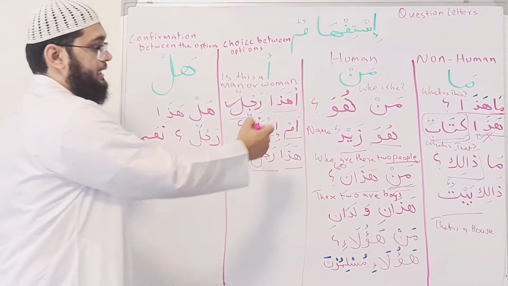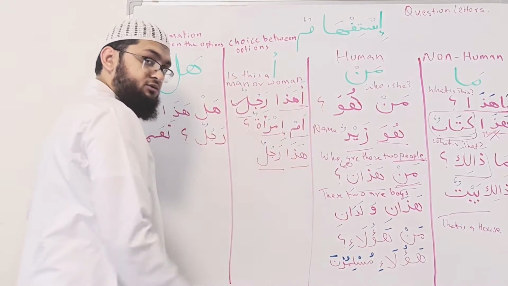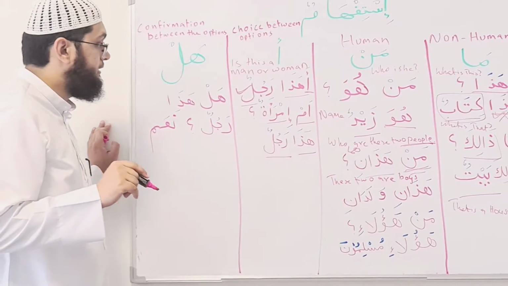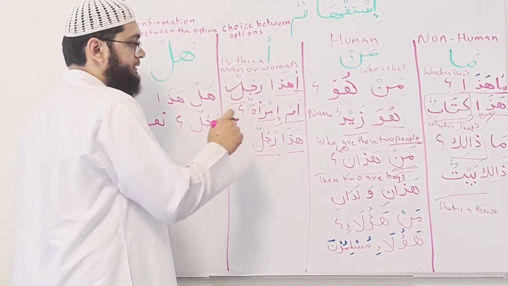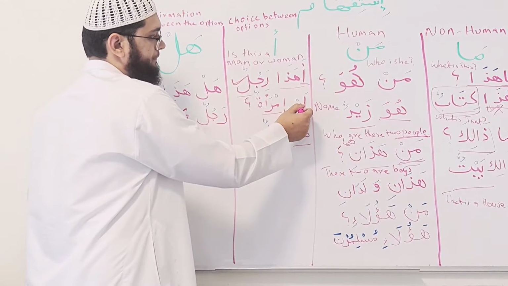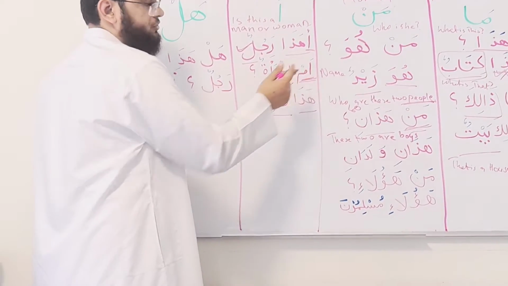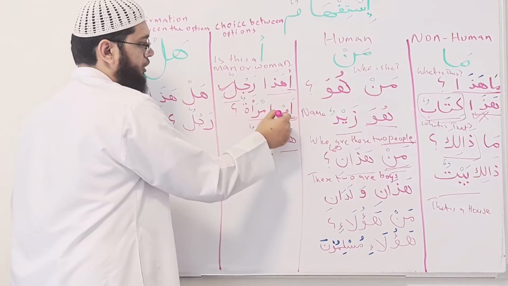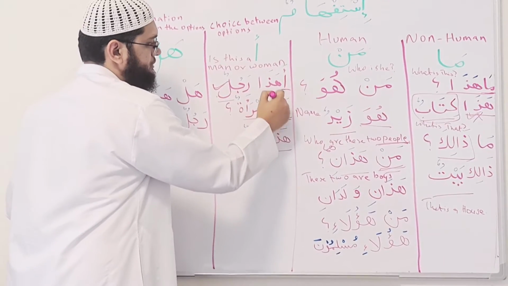Remember, Hamza always comes at the start of a sentence. It will never come in the middle of a sentence. And it always comes to give an option. So like ahada rajulun am imra'atun. Am means or.